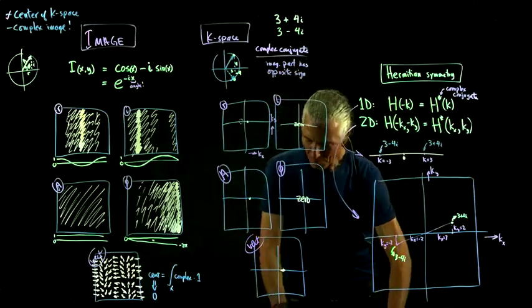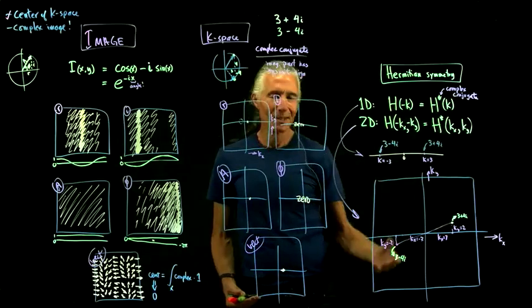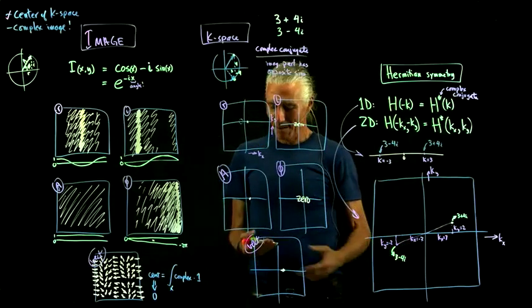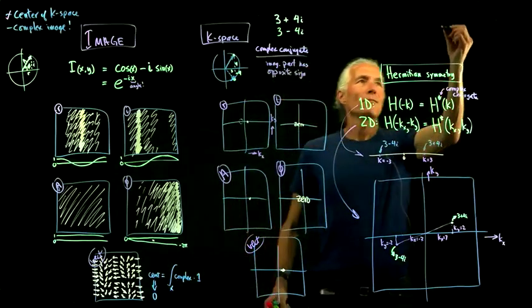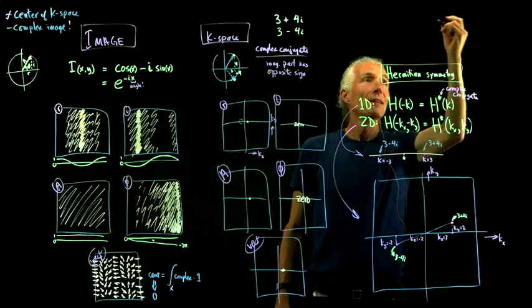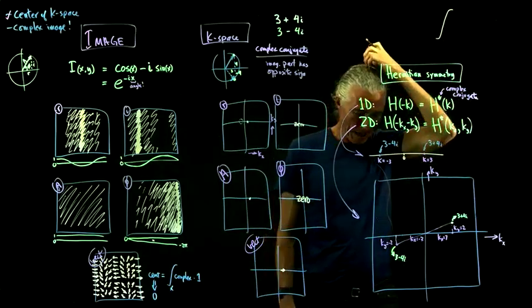Okay, so that would be a case of this special Hermitian symmetry. And how does that work? Why does that get rid of the imaginary part? Well, if you just go back to the Fourier transform equation, we basically are summing up.